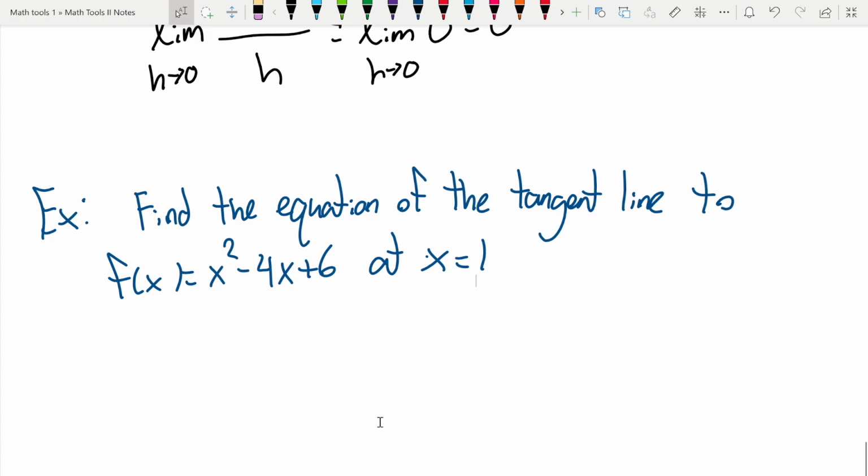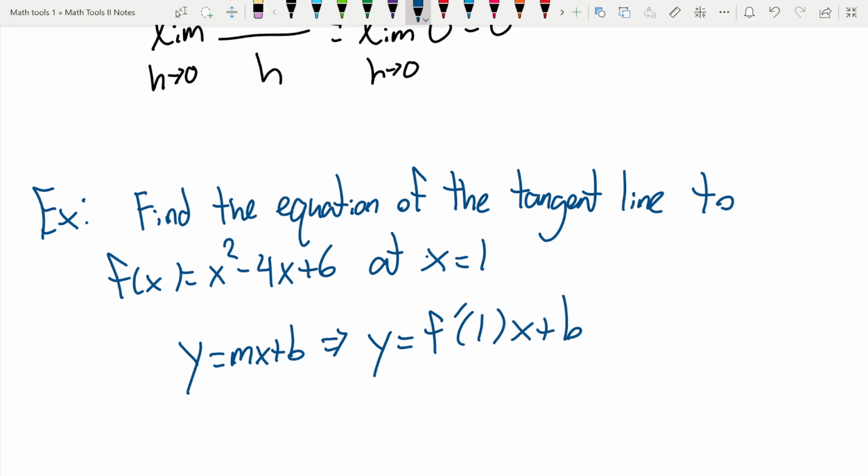Okay, so again, we haven't really seen how to do this, but we have all the pieces. So hopefully, if you've already tried this, maybe you're able to figure something out here, kind of get an idea of what to do at least. Right, if we think about the tangent line, the equation for any line is y equals mx plus b. The m in this case is going to be f prime of 1.